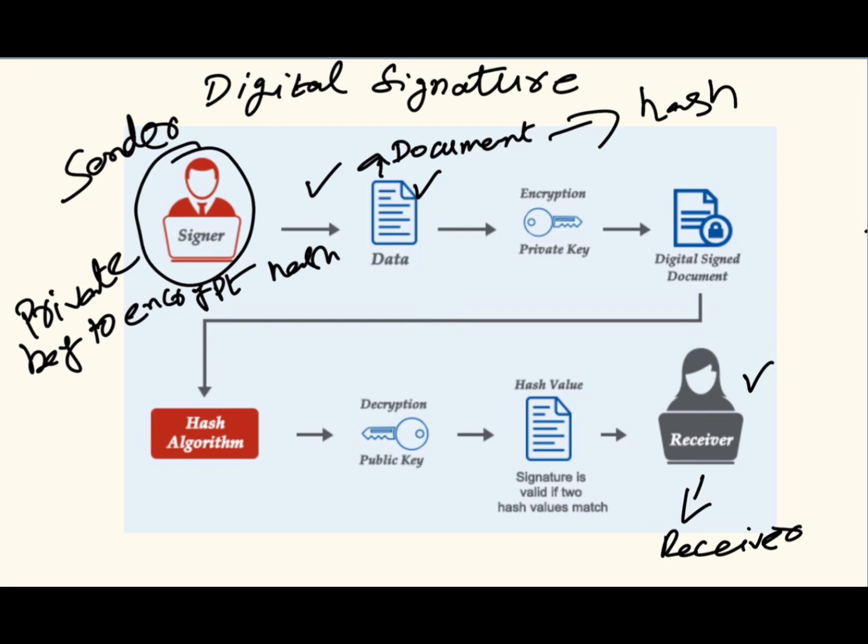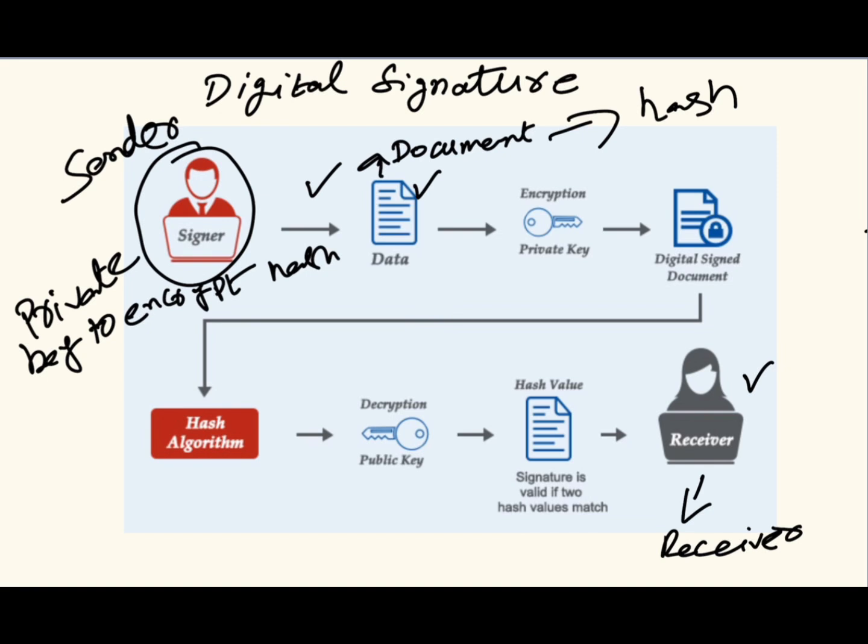Now we need to understand three main security benefits. One is integrity: it ensures the document was not modified while sent over the internet or through email. The second benefit is authentication. Authentication means verifying the sender's identity using their public key.